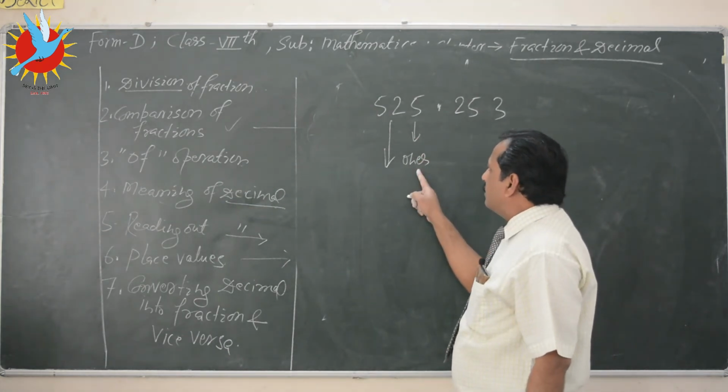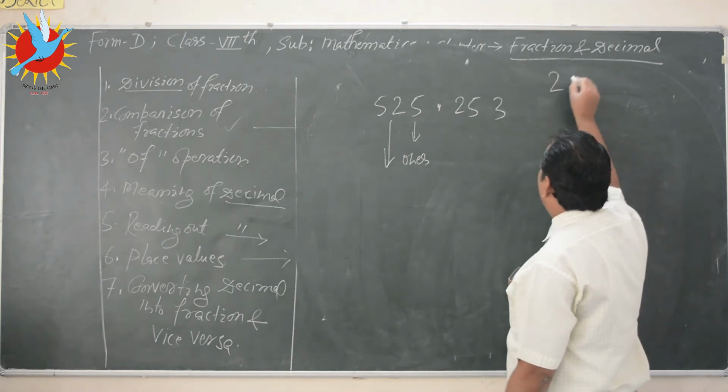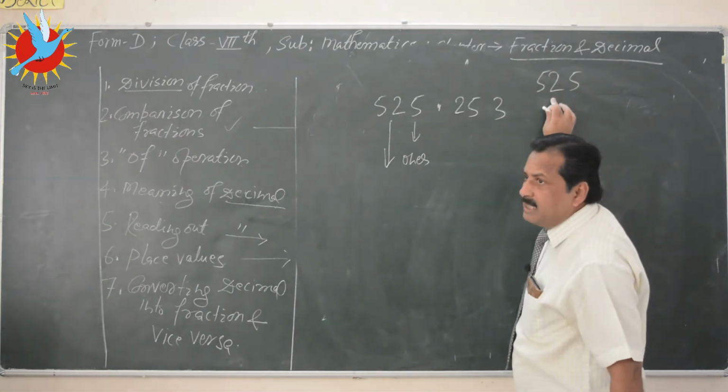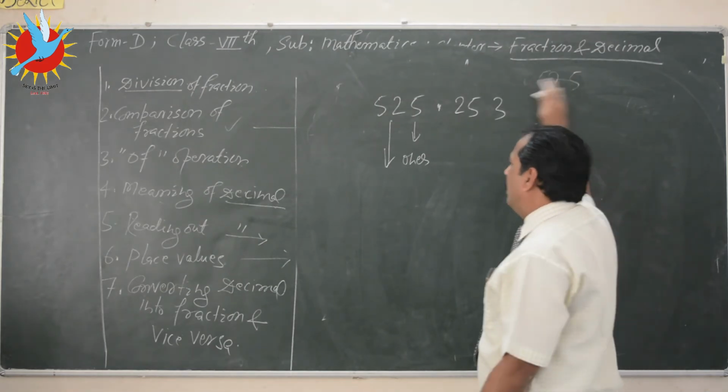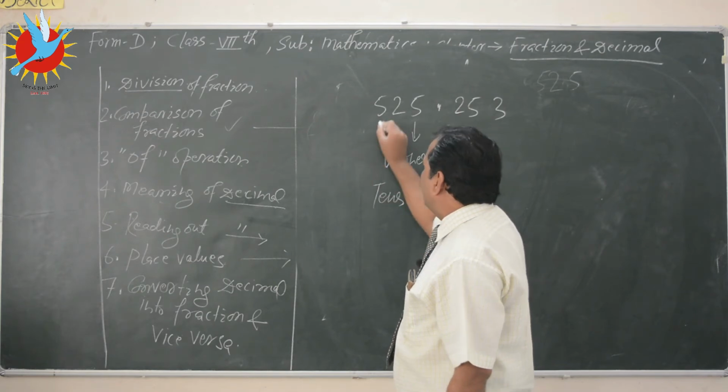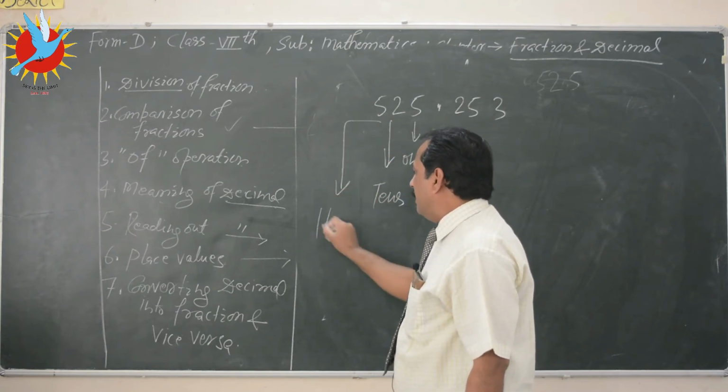So this is ones place, this is tens place, and this is hundreds place.